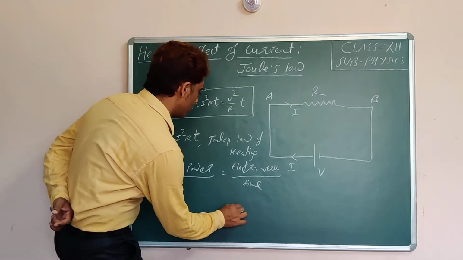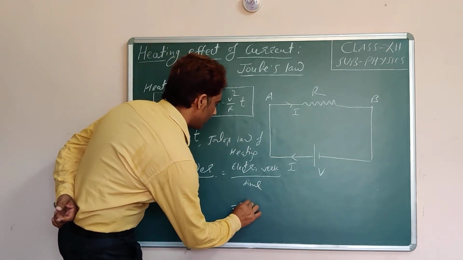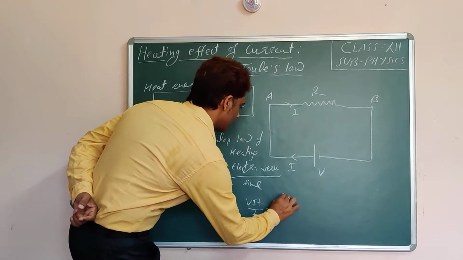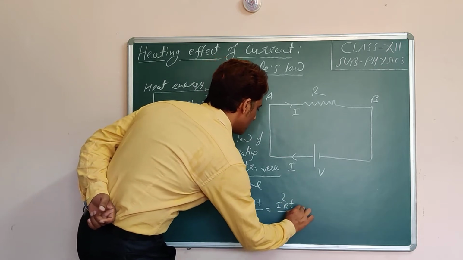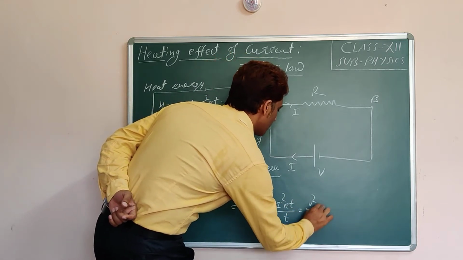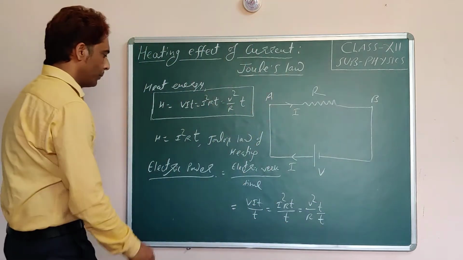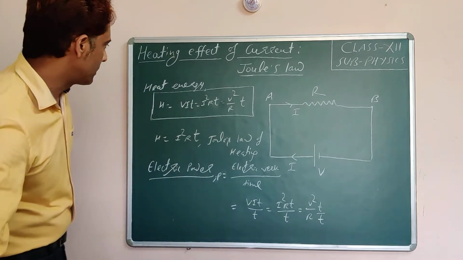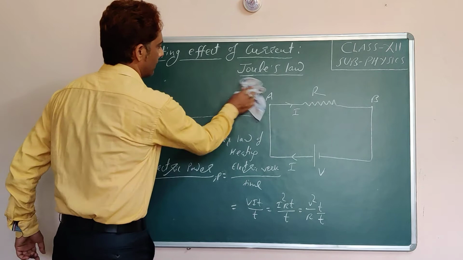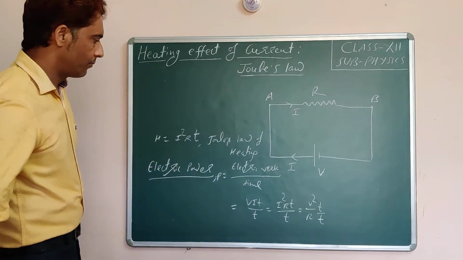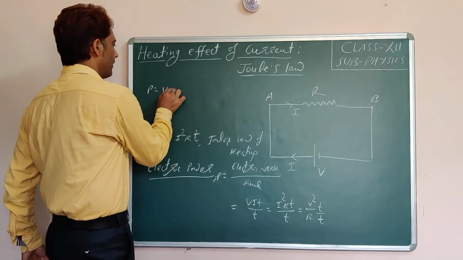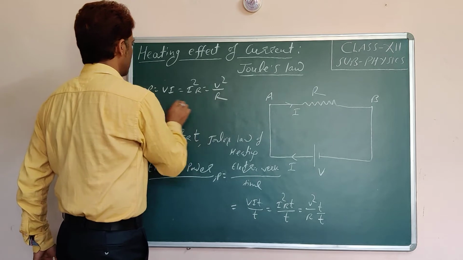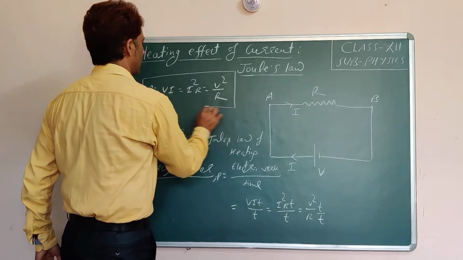So this will be equal to VIT over T, equal to I square RT over T, equal to V square by R into T over T. So means we can write electric power as P is equal to VI equal to I square R equal to V square by R. So these are the formulas for electric power.